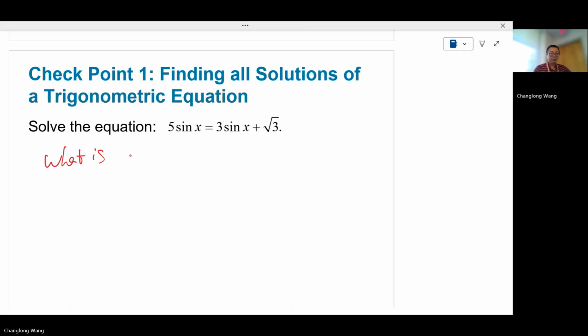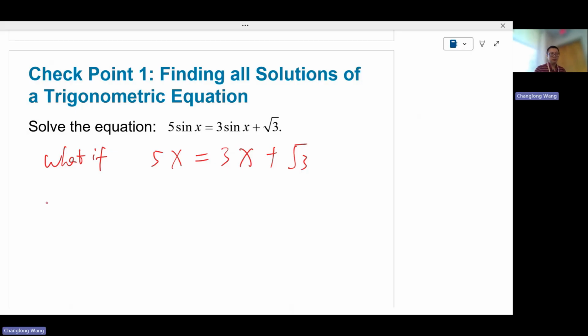What if the equation looks like 5x equals 3x plus radical 3? Would you be able to solve it, to get x? That's called isolation of the unknown variable.